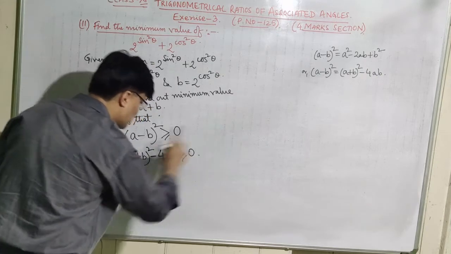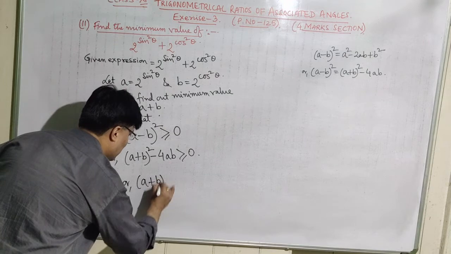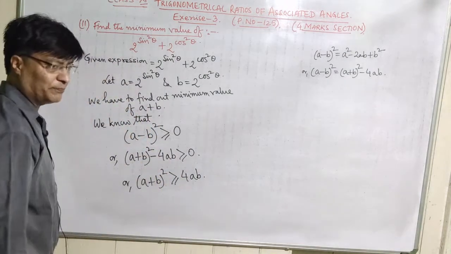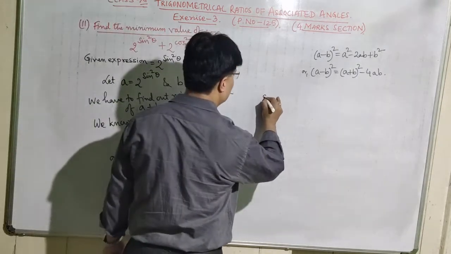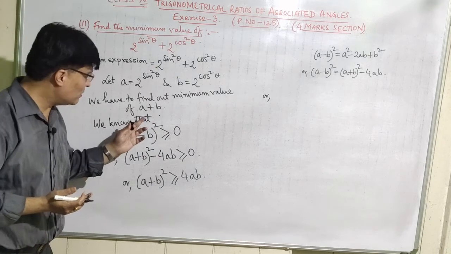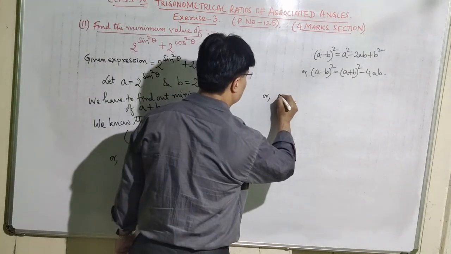Let us take minus 4ab to the right hand side, so (a plus b) whole square is greater than or equal to 4ab. Now, because we have to get the minimum value of a plus b only, let us take the square root on both the sides.